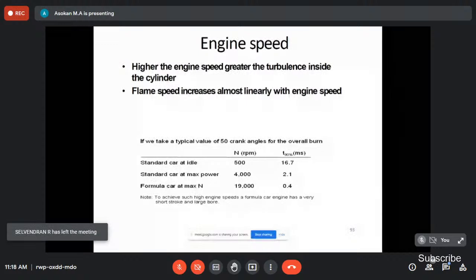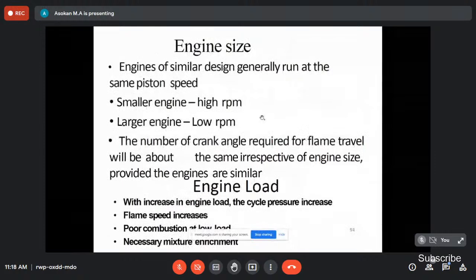And also engine size. Based on the engine size, we get the correct flame, and engine load. If the engine load increases, the pressure increases. Then automatically, if the pressure increases, the velocity of the flame increases. When the velocity of the flame increases, you can get complete combustion at a higher load.